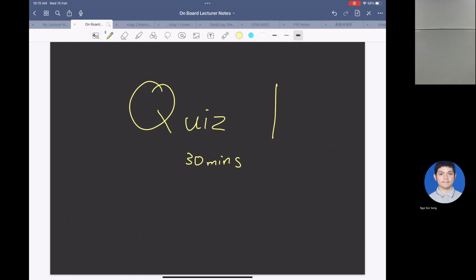Okay, it's 10:15 now, so every group can send 1 person here to get the paper.